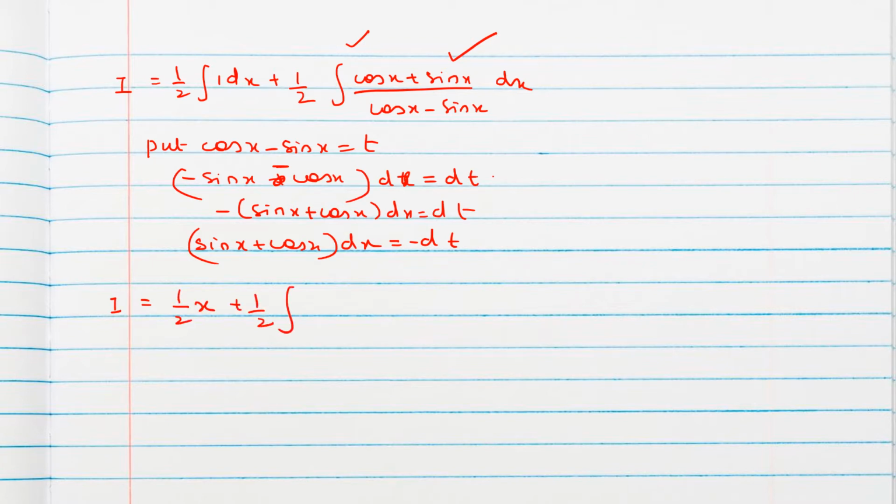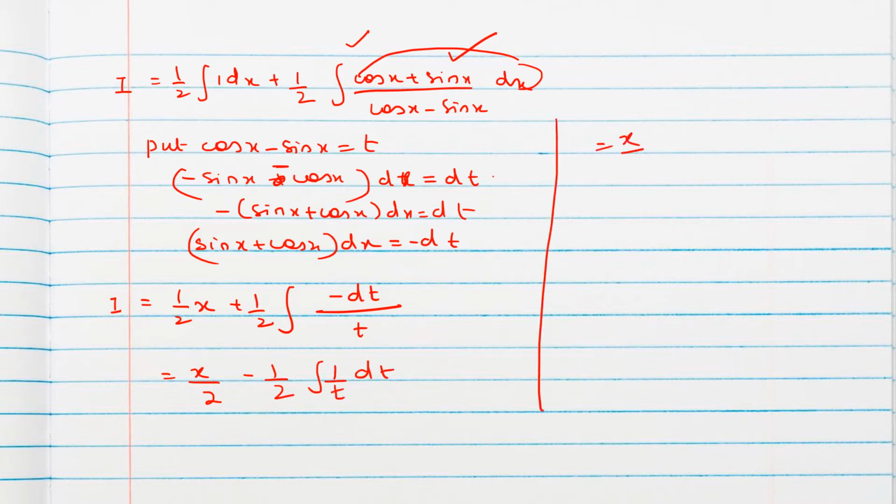For this we can write numerator as minus dt, divide by denominator we supposed as t. So x by 2 minus 1 by 2 integral of 1 by t dt, that is log of t plus c.